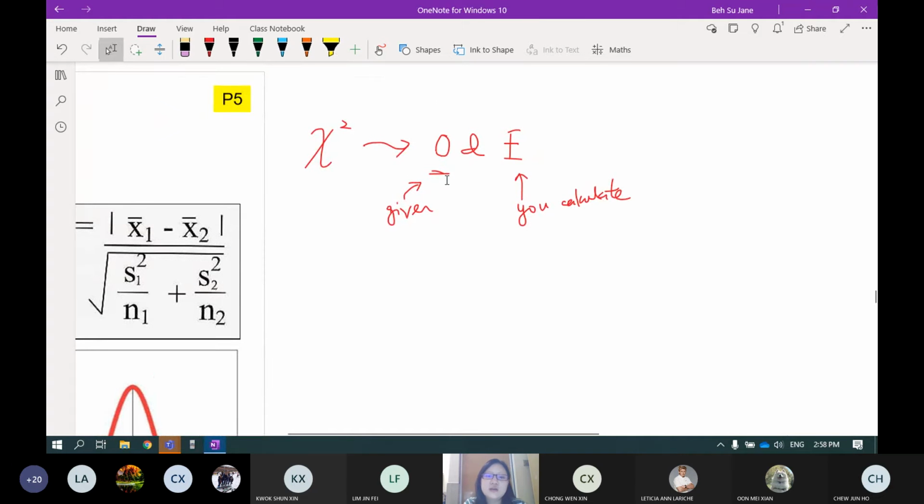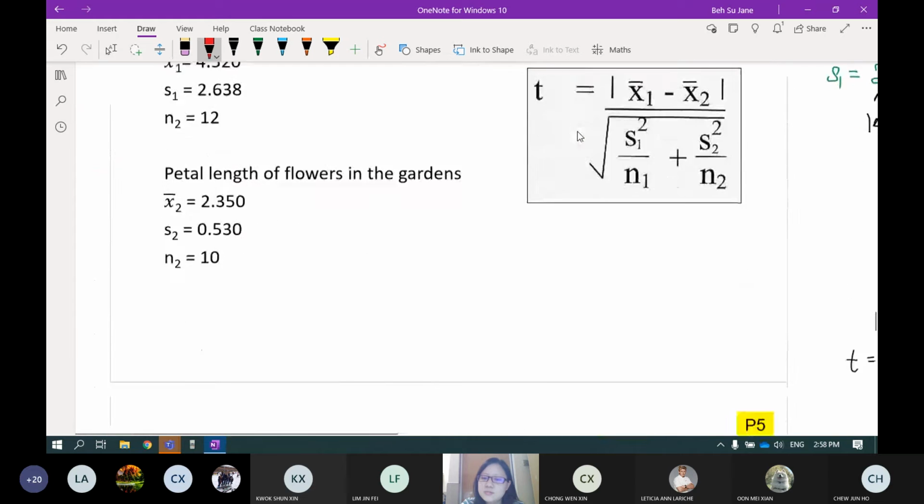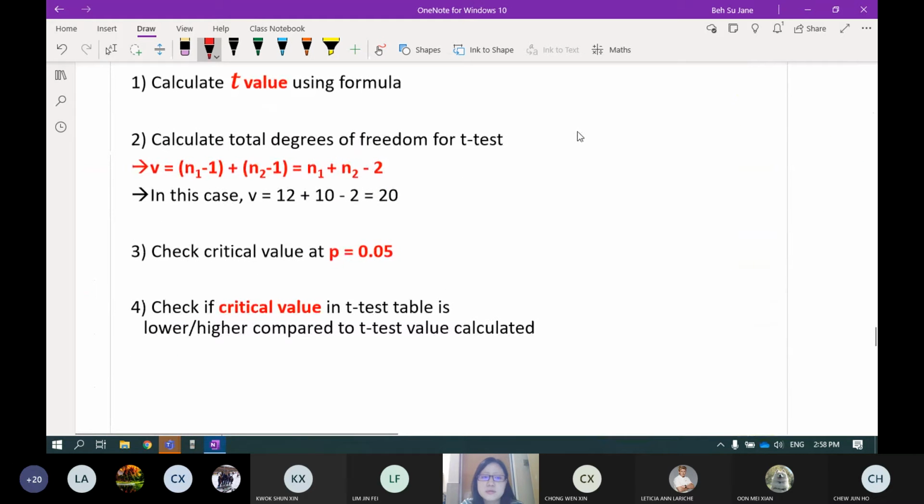And then the degree of freedom is calculated by the number of categories minus 1. But this time you don't have categories. You have the number of samples for each data.